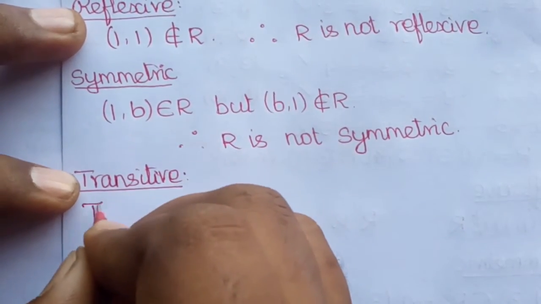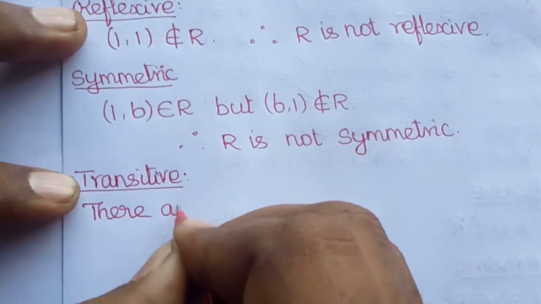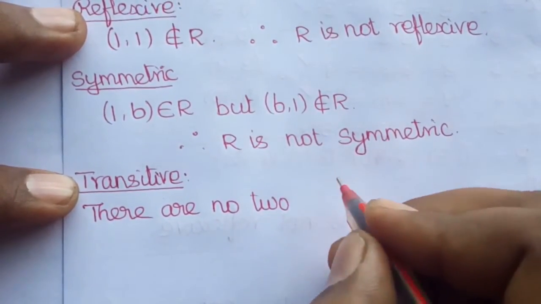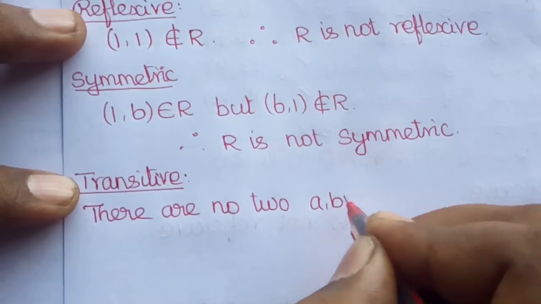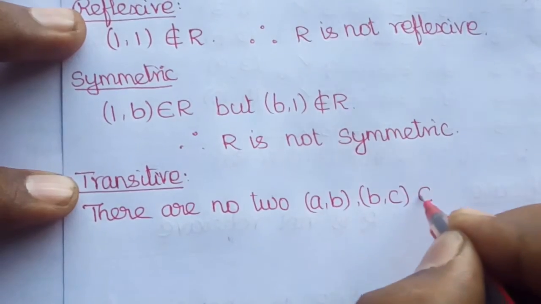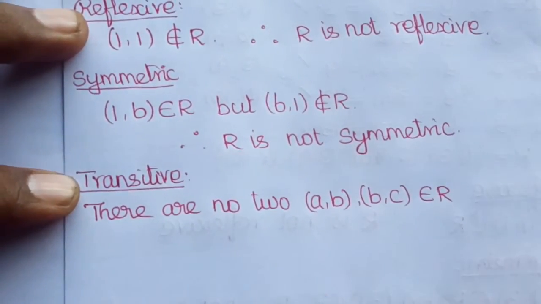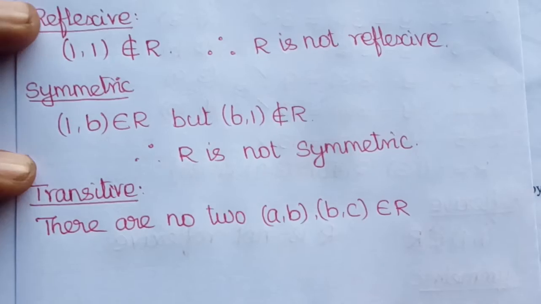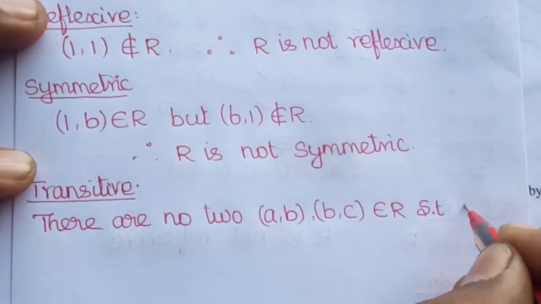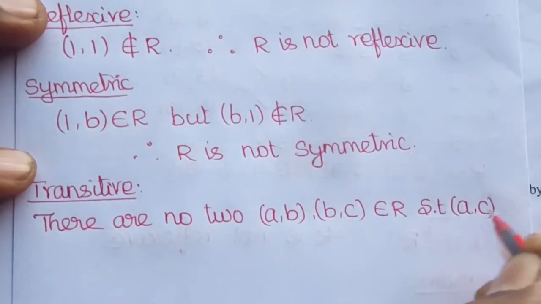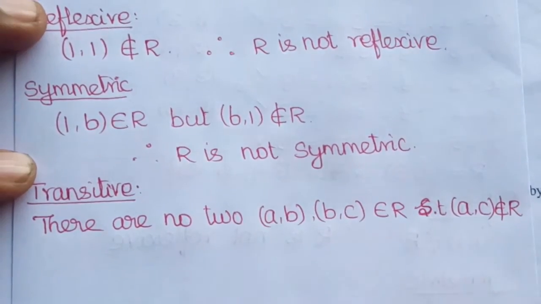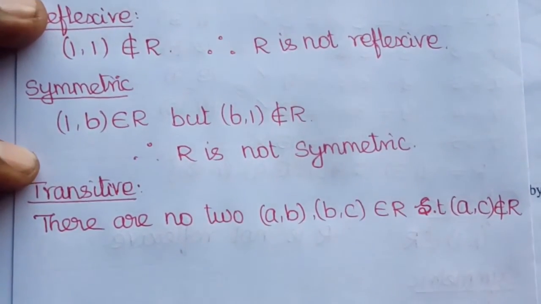So there are no two different pairs, one (a, b) and another (b, c), belonging to R such that (a, c) does not belong to R. There are no two different pairs of this form.